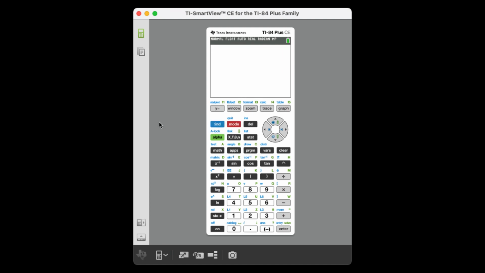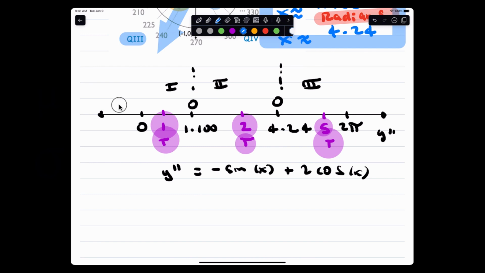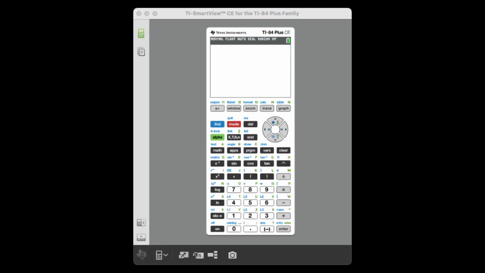What's the second derivative? Negative sine plus 2 cosine. What's our first test point? 1. All right, let's try that. So here's what I would do. Negative sine of 1, plus 2 cosine of 1.